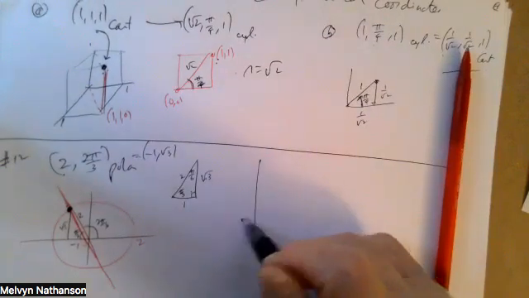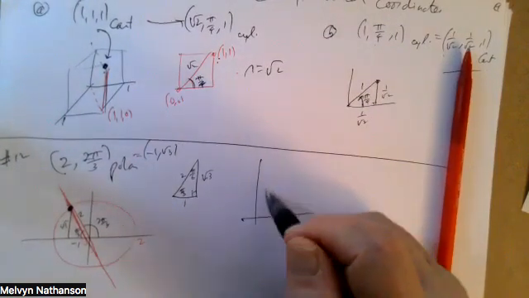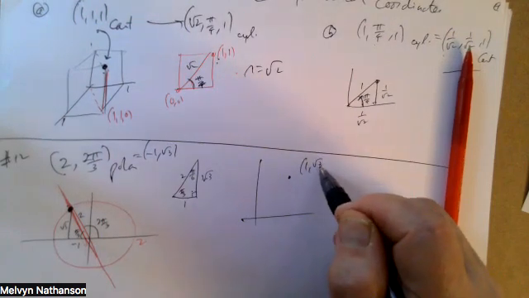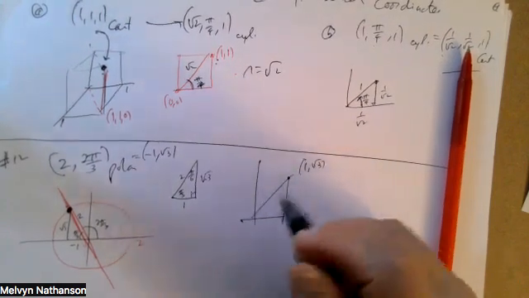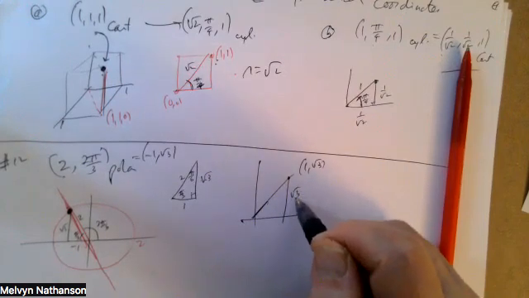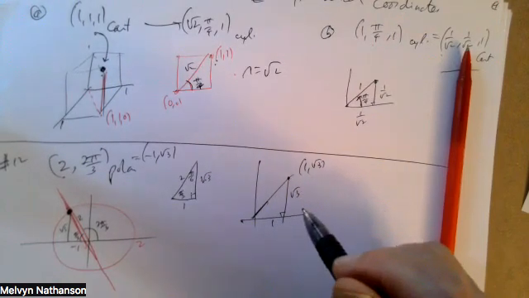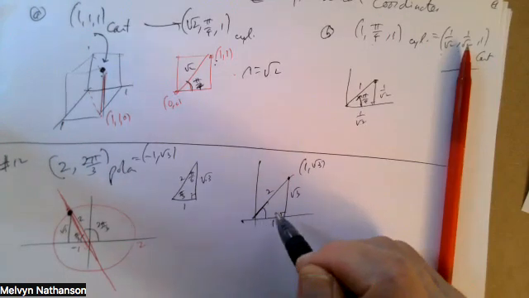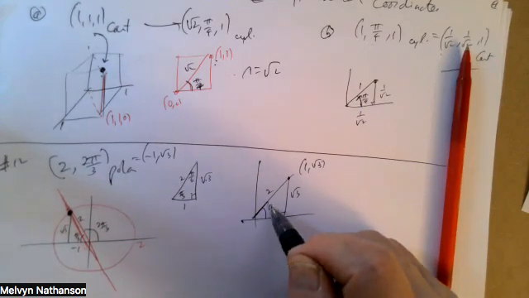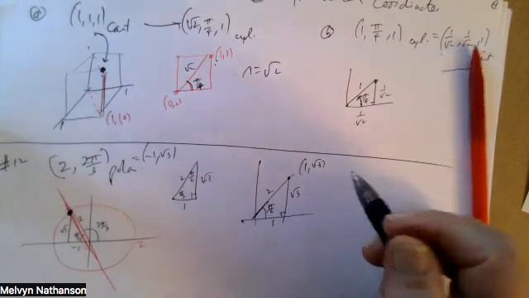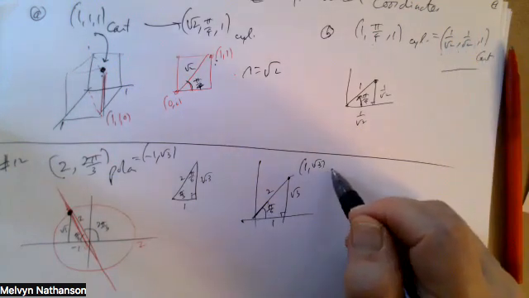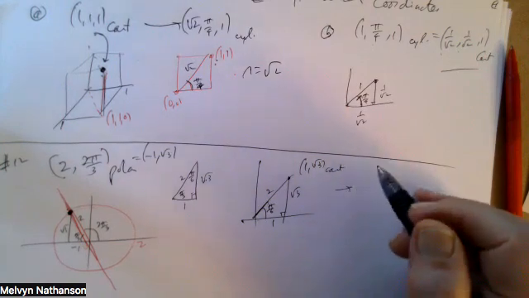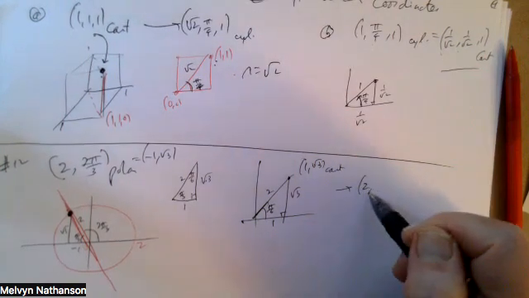And if you have the point whose rectangular coordinates are 1, square root of 3, this is the square root of 3, this is 1, this is a right triangle. So this is 2, and this angle is pi over 6. So these are the Cartesian coordinates, or the rectangular coordinates. In polar coordinates, this is 2.